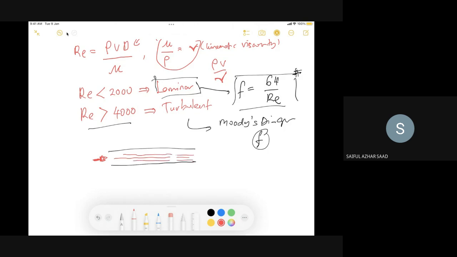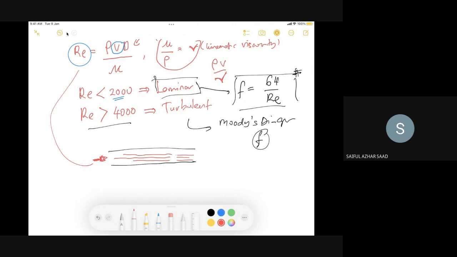Why? Because my Reynolds number is less than 2000, a small number. The Reynolds number depends on the velocity, so if my velocity is low, my Reynolds number should also be low.